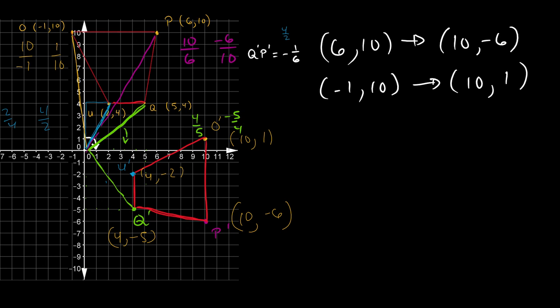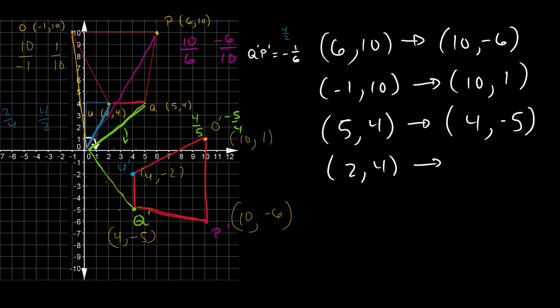Let's look at Q. Q was at 5, 4, and that went to the point 4, -5. And the last example I have is U. U was at 2, 4, and U maps to the point 4, -2.